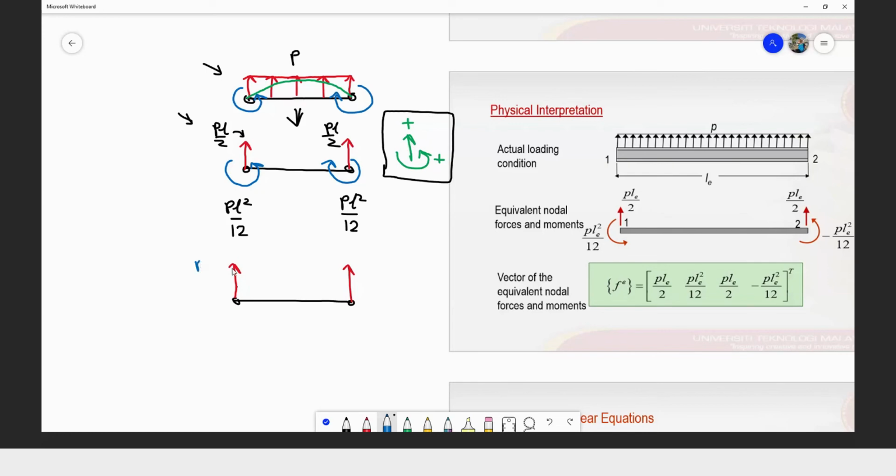So we have the equation will follow the same as what we have in the second figure. So we just apply PL over 2, then PL over 2 here also. PL over 2.